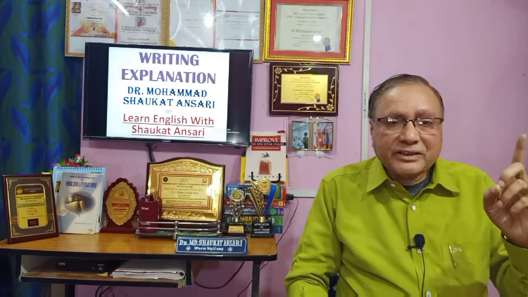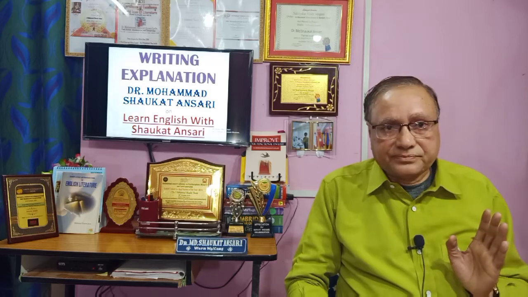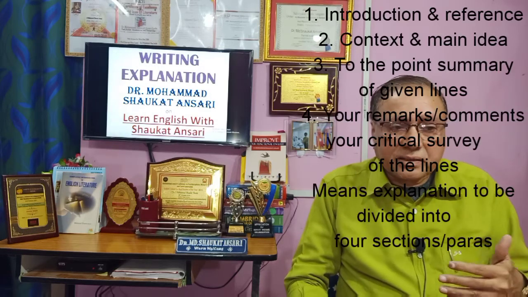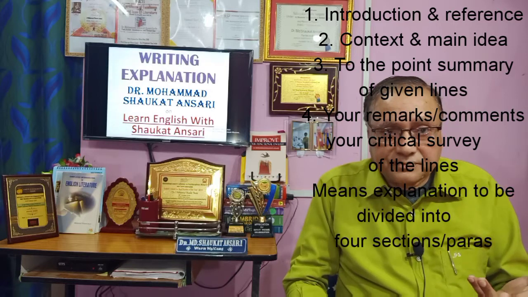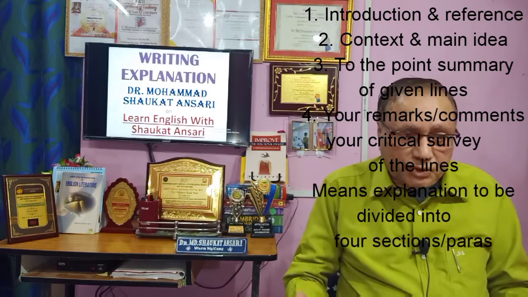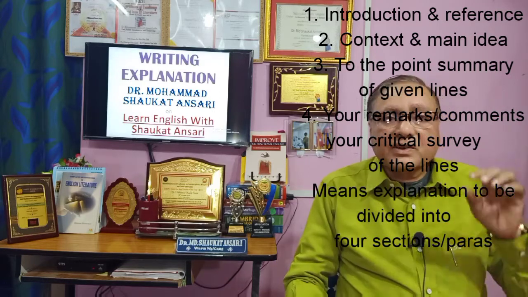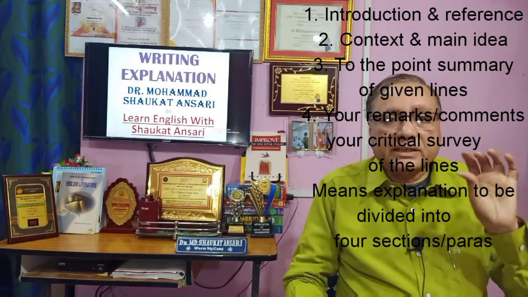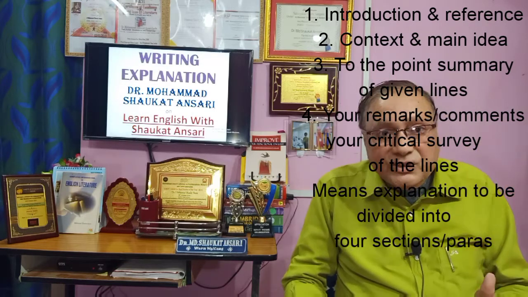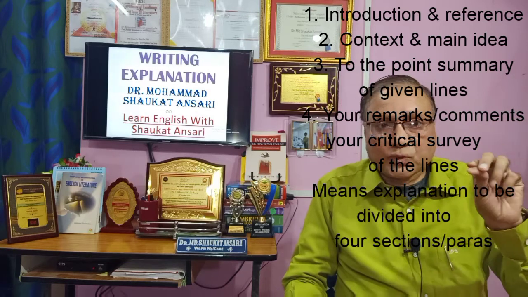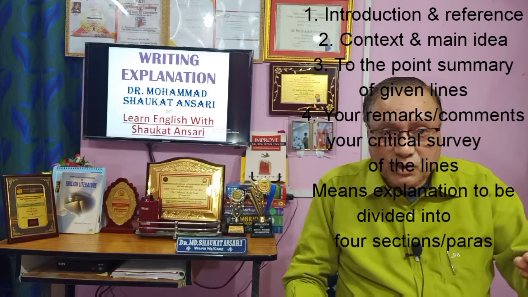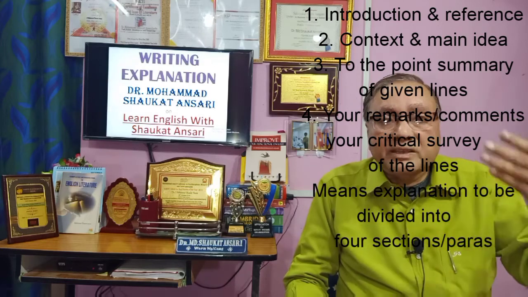First, introduction and reference. Second, context and perspective, context and background. Third, summary of the given lines. Maybe lines are there, maybe one stanza is there. You have to focus. You have to write the summary, you have to summarize those lines, summarize that given stanza.